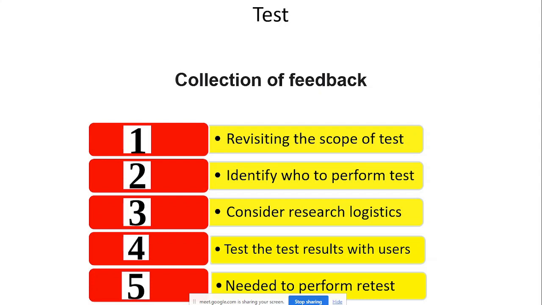Next, consider research logistics. How do I test the component? How do I transfer the component from the machine to the measurement area? So a lot of logistics concepts are incorporated in the testing area. After that, test the results with the users. You may give the component to the user or customer.